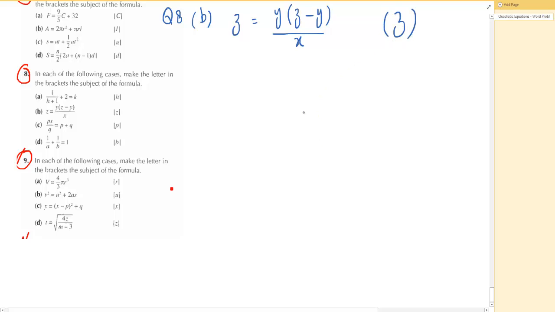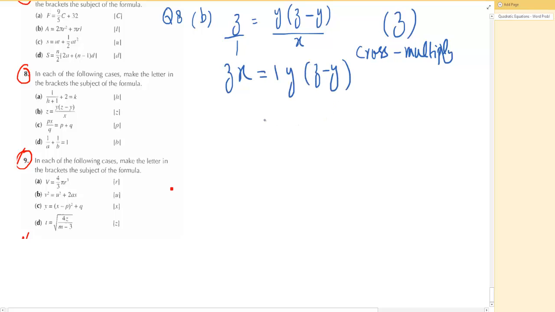Cross multiply, because we have a single fraction, cross multiply. So Z times 1 multiplied by Y, expand. This Y multiplies with this, and it will multiply with this as well.